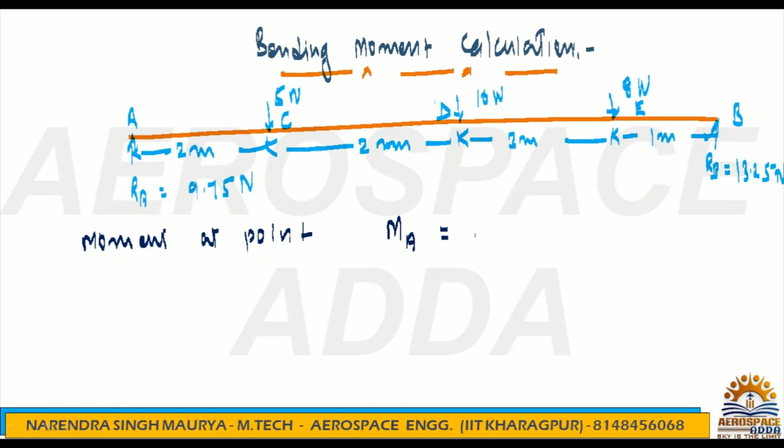We can also prove that. So the end point moment will be zero, like here at point A. Similarly, you can write the moment at point B as MB.